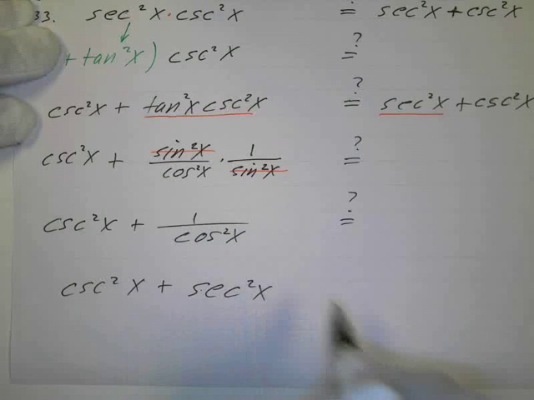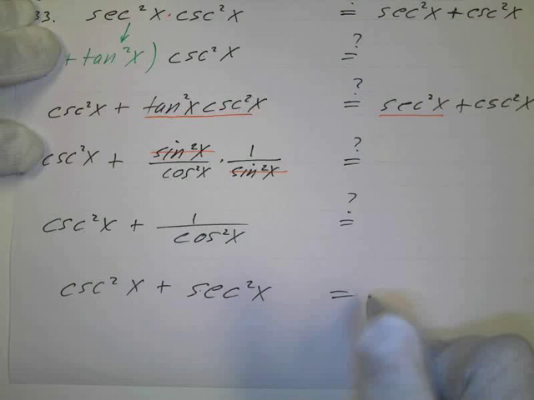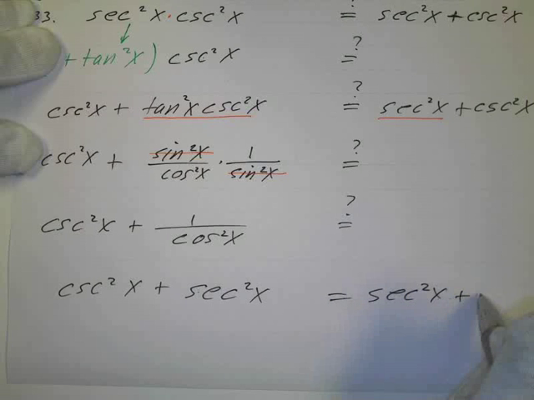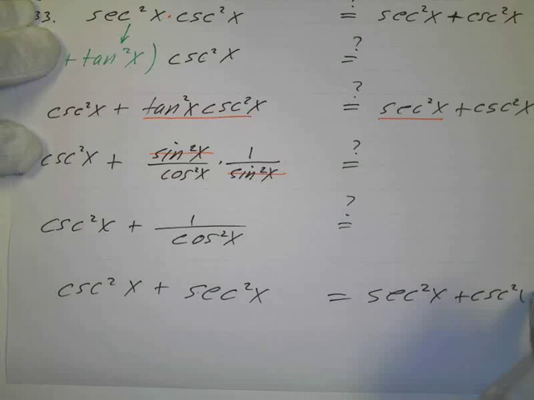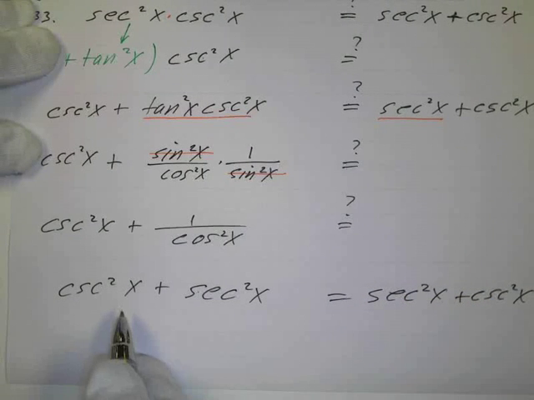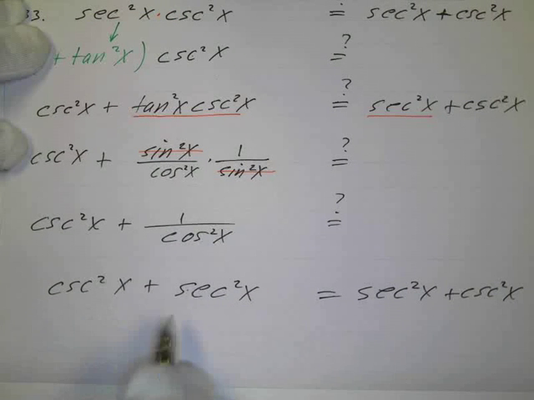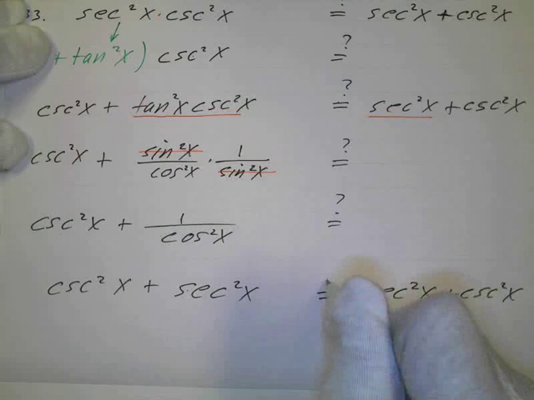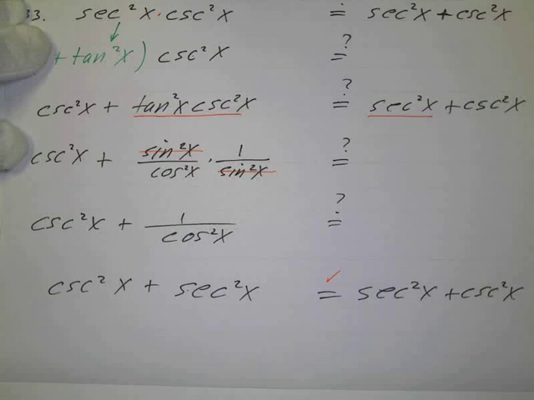Remember, C and S go together. And that does indeed equal the other side, by the commutative property of addition. A plus B equals B plus A. That's our commutative property of addition. So we've got it. That does check.